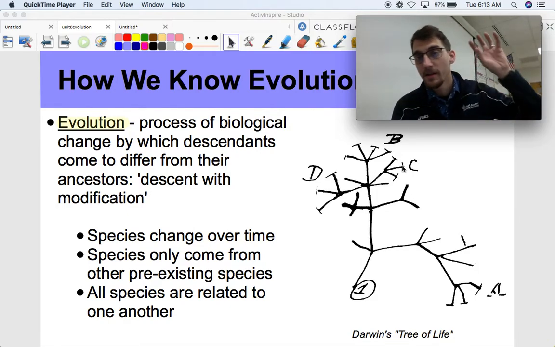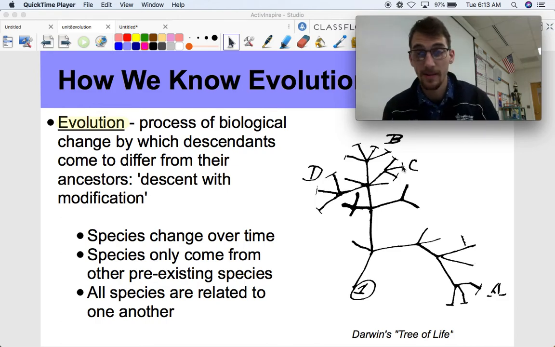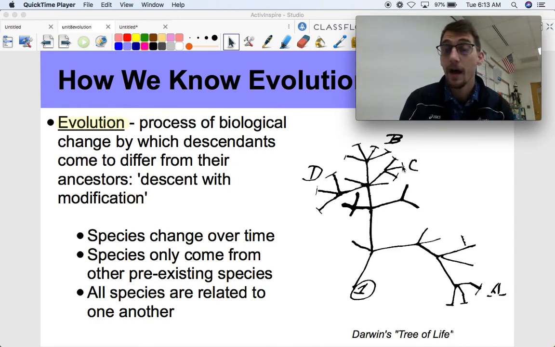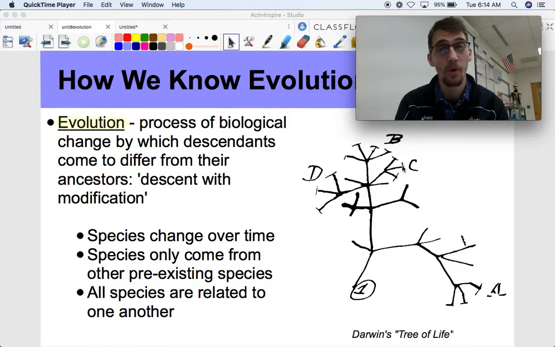You've got your mom's side and your dad's side, and you can trace down where you are and where your cousins are. Life itself is just one big giant family tree, and every single organism is related to every single other organism. We're all just one big happy Earth life family.